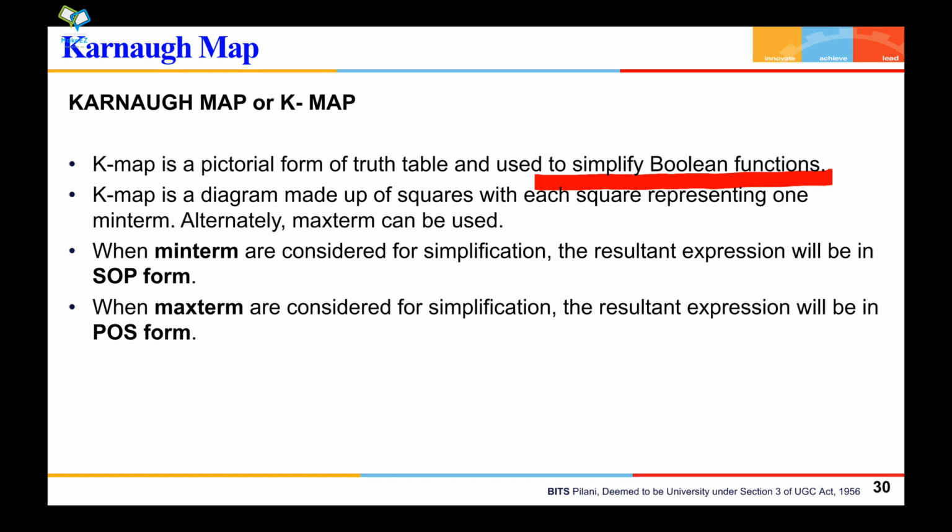Now, in that table, if you use minterm, the resultant expression you're getting is sum of product form. When you use max term in the table, resultant expression what you get is the product of sum form.